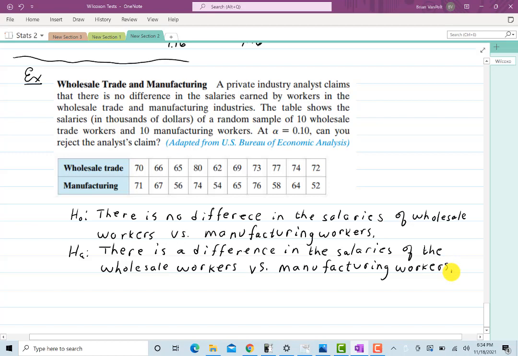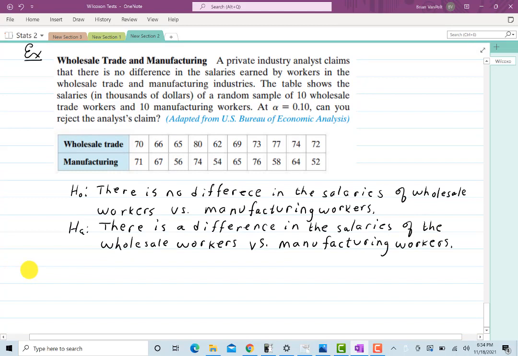Let's decide on which of the tests is more appropriate. Here, it's not like a before and after, and there's not any necessary connection between wholesale and manufacturing. So these, to me, look like we have independent samples.